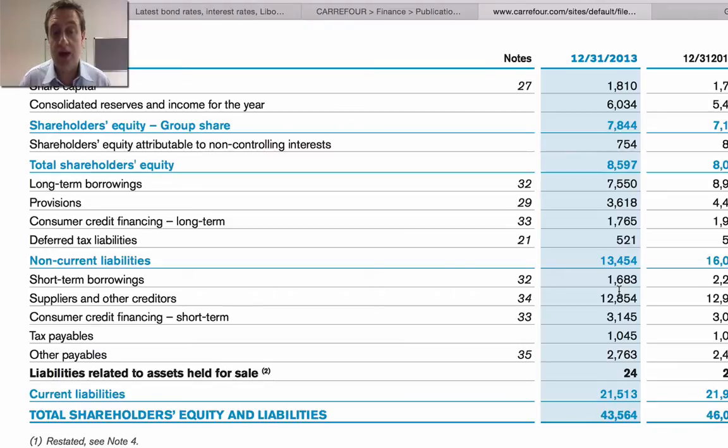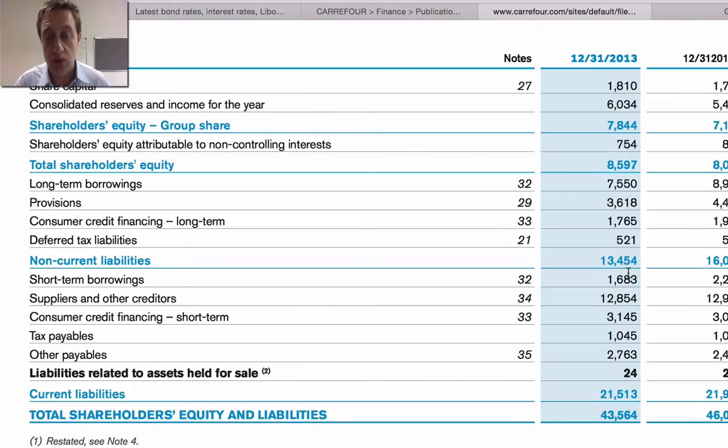And so therefore that is financing the operations. And you can also, in a sense, do that with creditors as well. If you look at the creditors, it's the same amount year on year. Now, I haven't gone into this in as much detail as I would normally if I was doing it. But what you're looking to see is, okay, how much of the company's operations are financed by long-term debt and short-term debt.